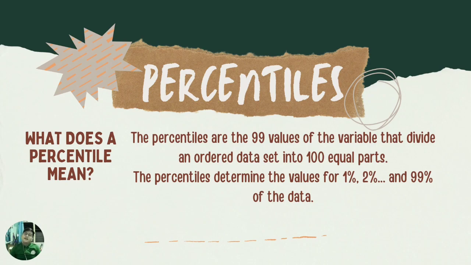Good day everyone, I am Calvin Palakat and I am reporting the topic percentile. Out of the three topics, decile, quartile, and percentile, the percentile is the third, which means there are 99 values for the variable that divide an ordered data set into 100 equal parts.